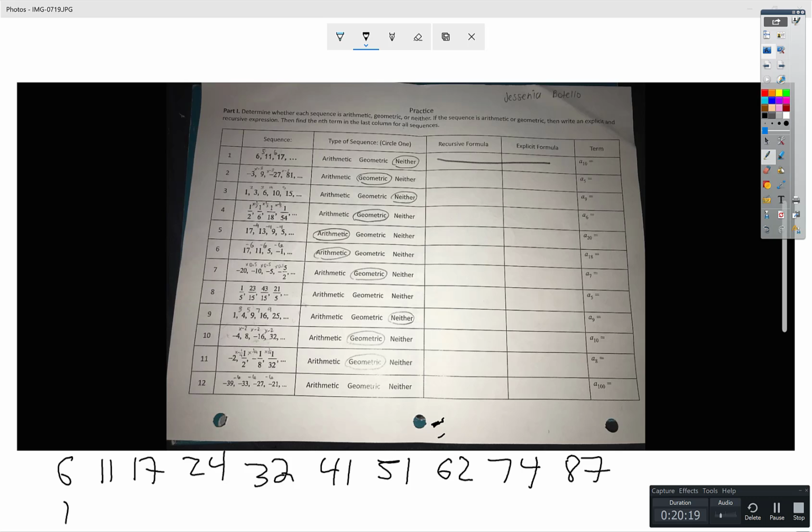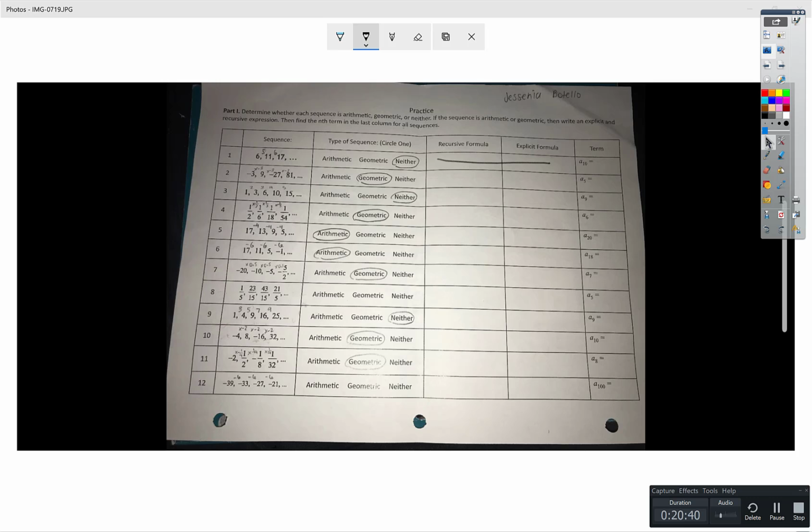That's 1, 2, 3, 4, 5, 6, 7, 8, 9, 10. So the 10th term is 87.